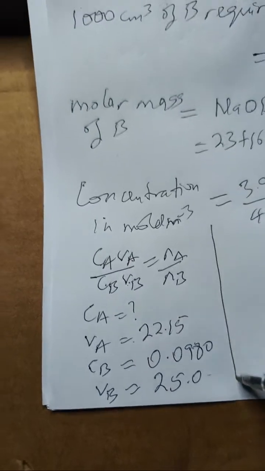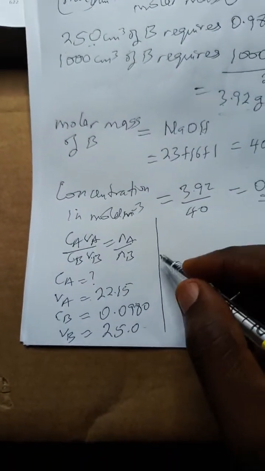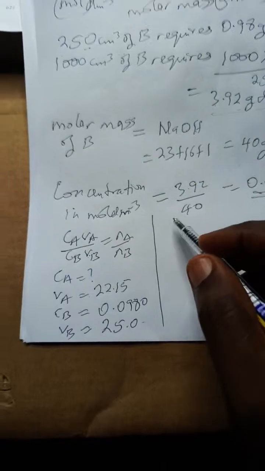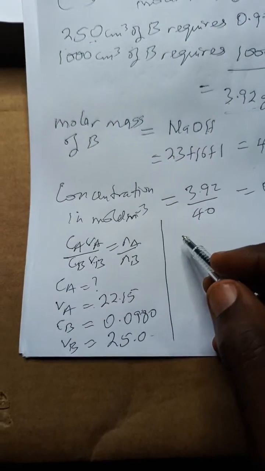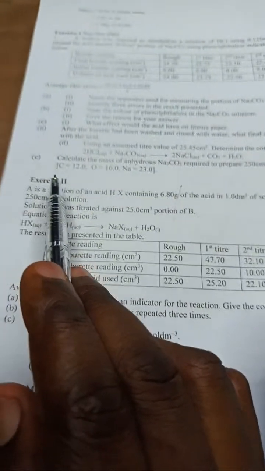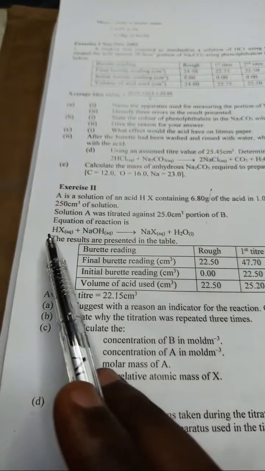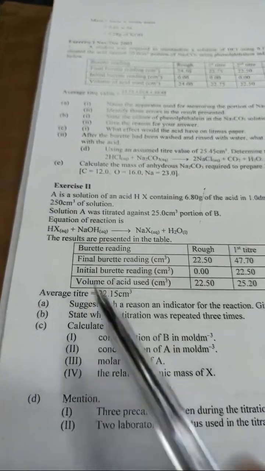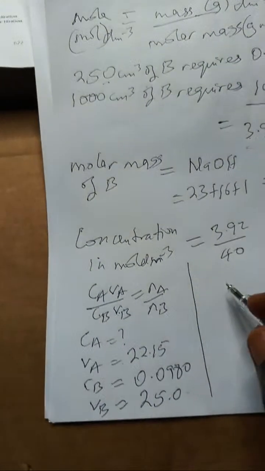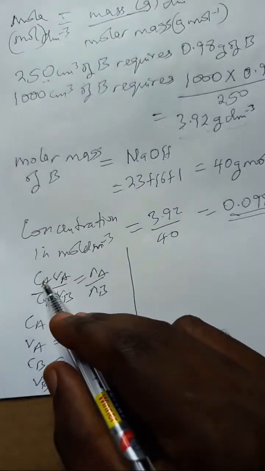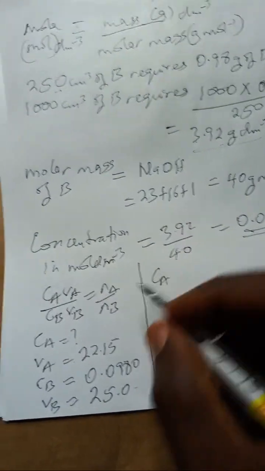Now, to calculate, let's slot every value in. Don't forget our NA is 1, NB is also 1 from the equation. So CA, we don't know that.